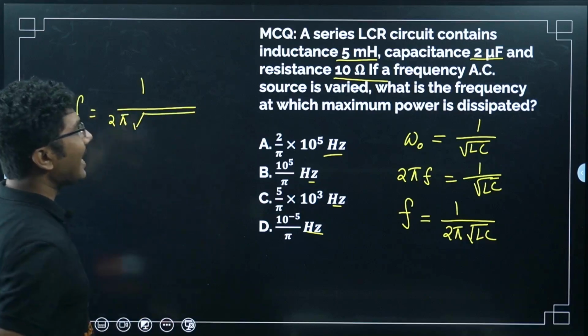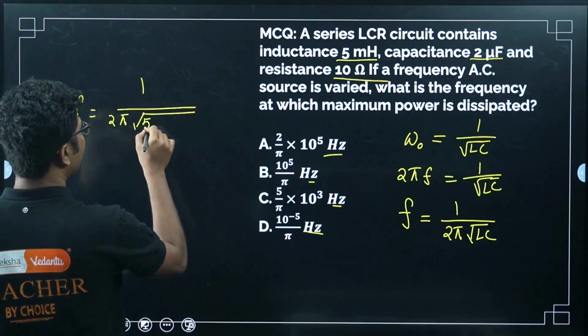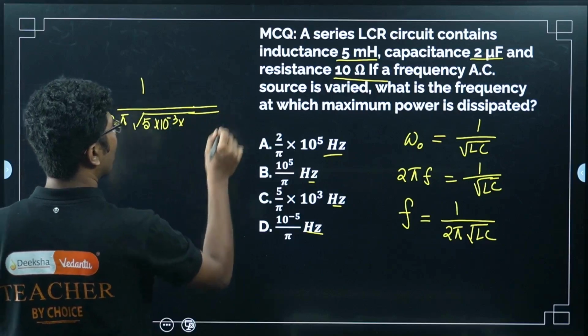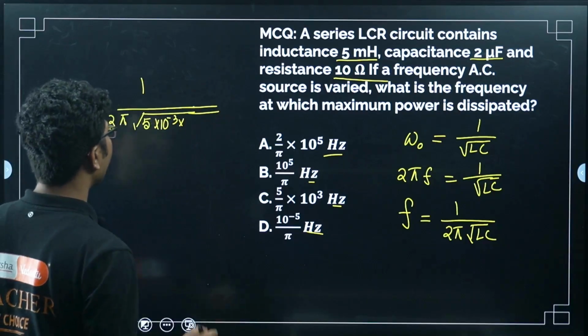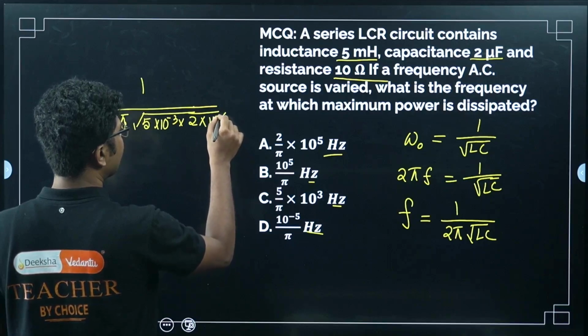What is L? L is 5 millihenry. 5 millihenry means 5 times 10 to the power of minus 3. And capacitance is 2 microfarad. 2 microfarad means 2 times 10 to the power of minus 6.